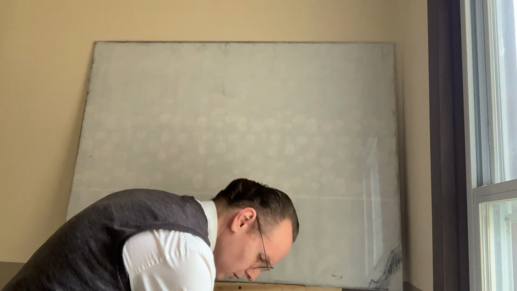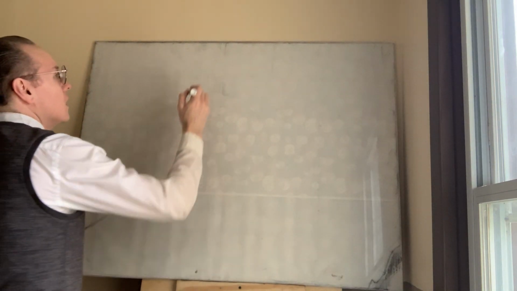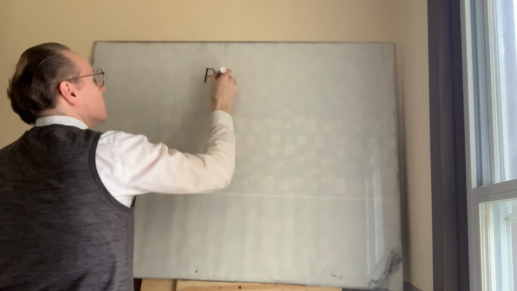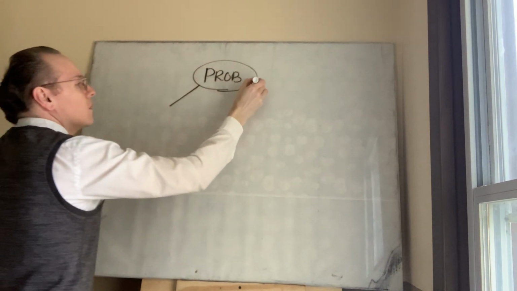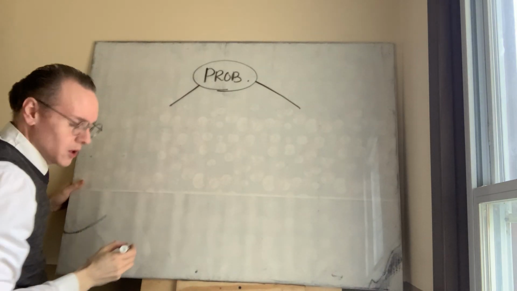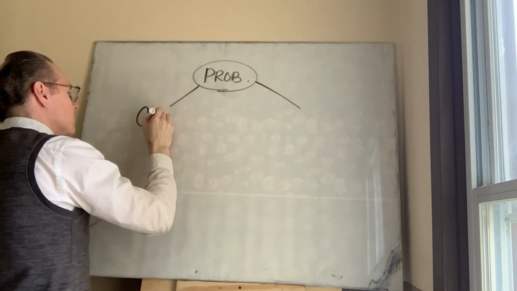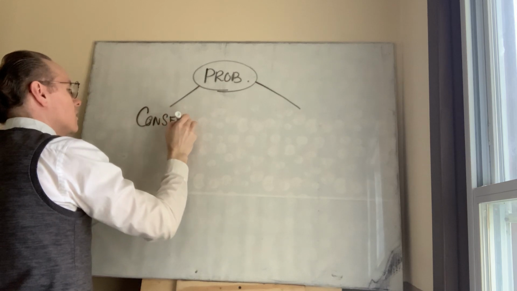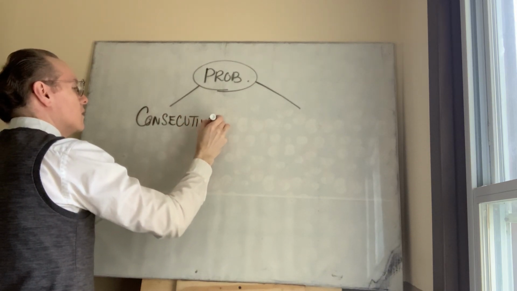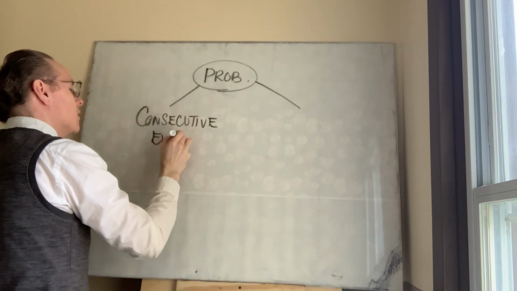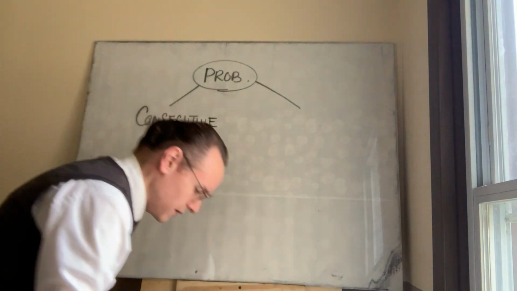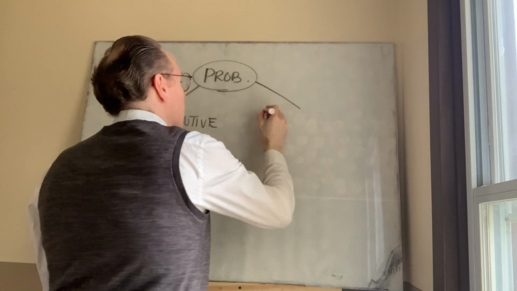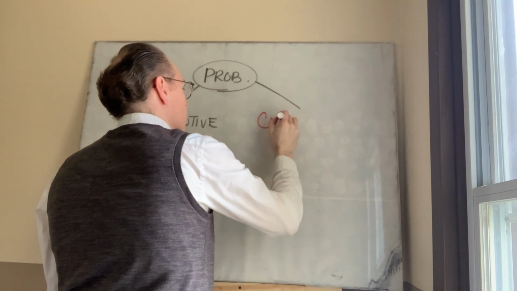Okay, so in terms of probability, think about it this way. We have the two consecutive events and then we have the conditional probability.